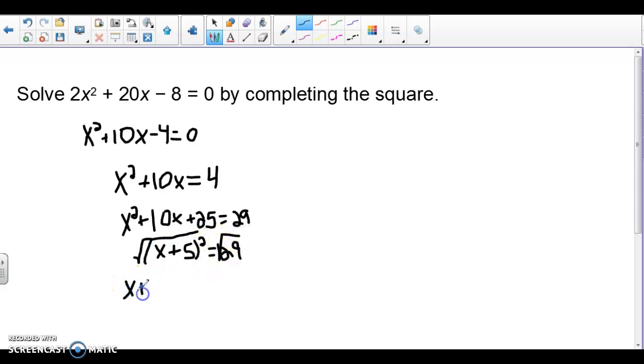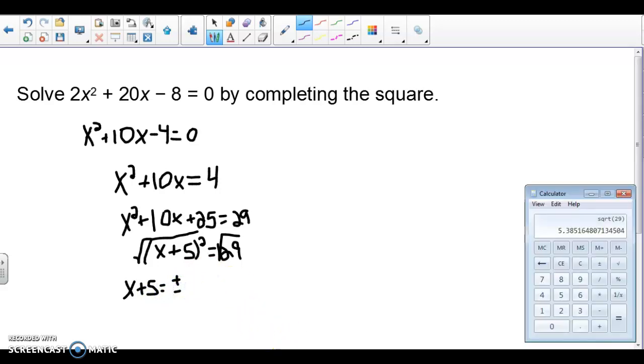So I'll have x plus 5 equals the positive and negative of the square root of 29, which I've done already, and rounded to the nearest hundredth, it'll be 5.39.